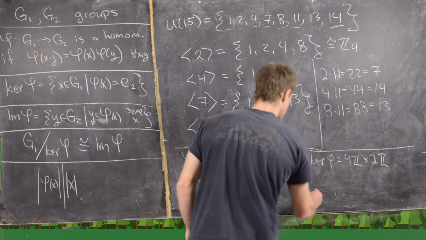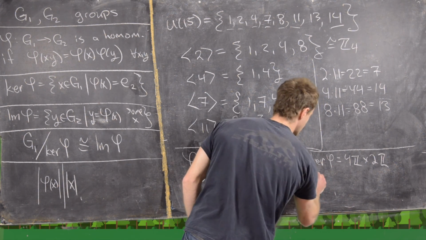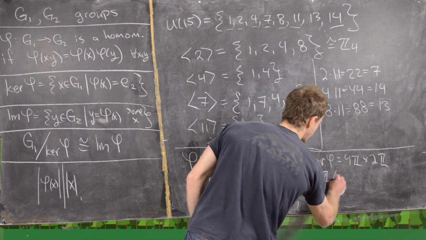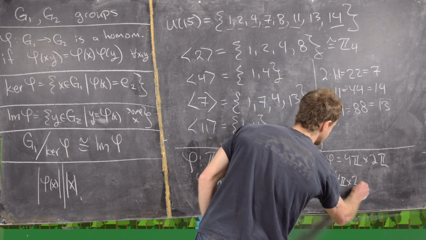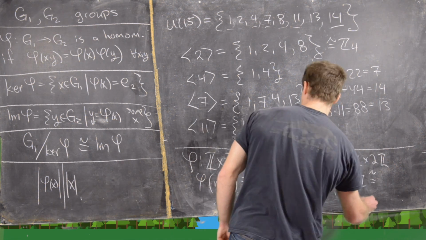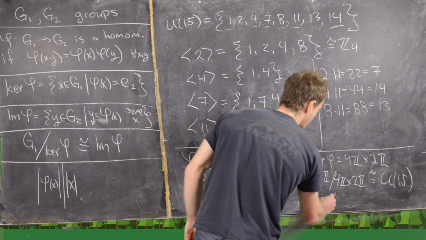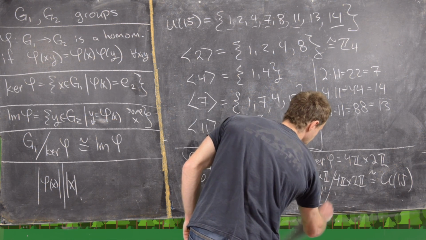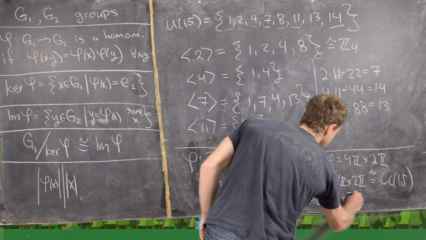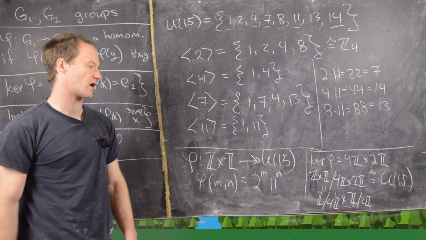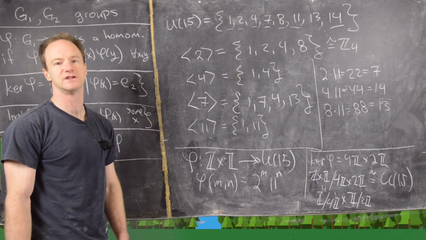So what that tells us is that Z cross Z mod 4Z cross 2Z is isomorphic to U15, but it's pretty clear that this is Z mod 4Z cross Z mod 2Z. In other words, Z4 cross Z2 is isomorphic to U15.